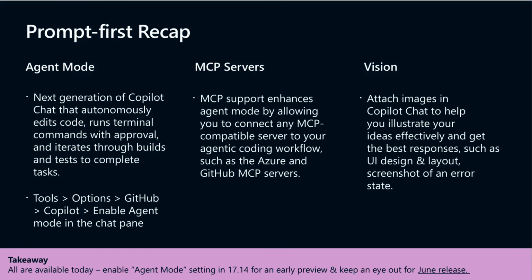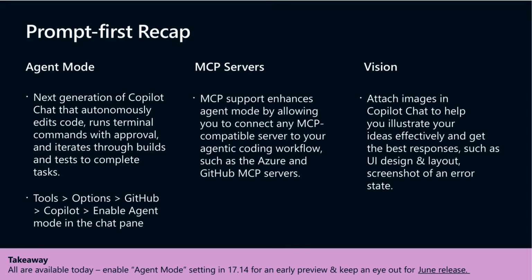To recap the prompt-first experience, Agent Mode represents the next generation of Copilot chat that can autonomously edit your codebase, execute terminal commands with your approval, and iterate builds until tasks finish. Enabling Agent Mode in the latest Visual Studio preview lets you tap into this powerful assistant. You can also connect MCP servers to extend its reach across your development stack, including cloud services and CI pipelines.